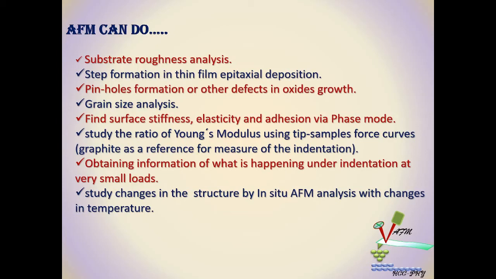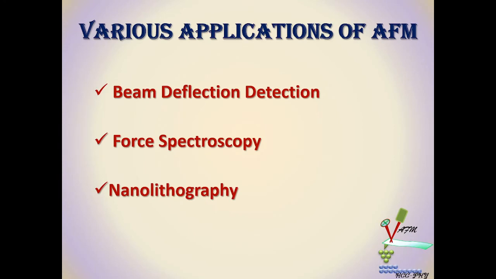We can find out the grain size, and stiffness, elasticity and adhesion via phase mode, and the Young's modulus of the sample. We can also study changes in the structure with changes in temperature. There are a number of applications for AFM, namely beam deflection detection, force spectroscopy and nanolithography.